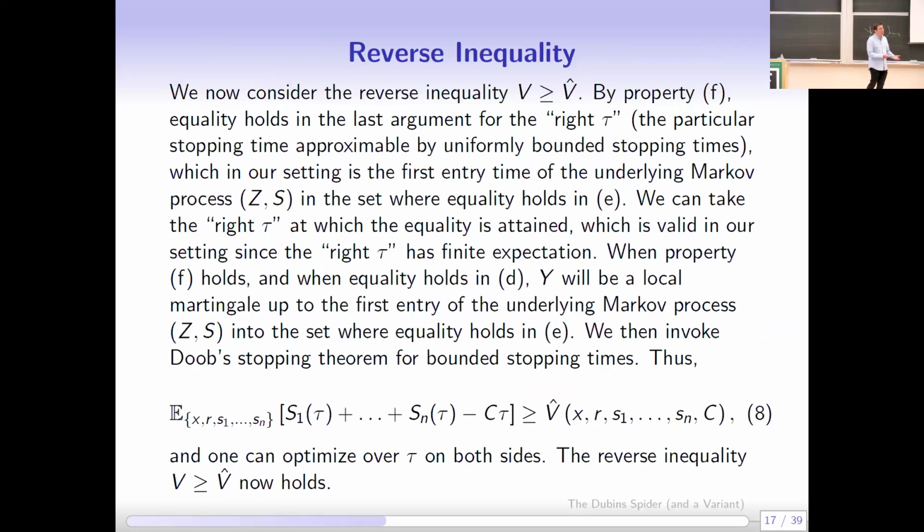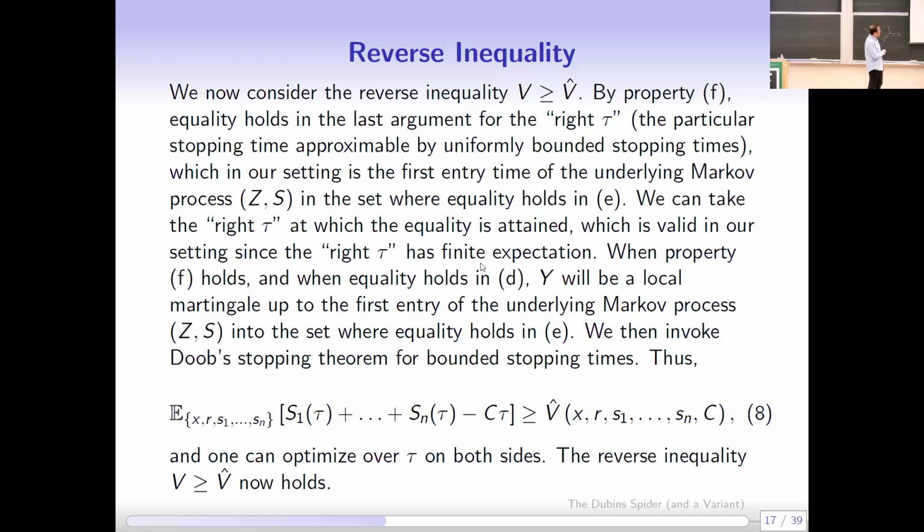To prove it in the other direction, you know that by the last property, F, when the supermartingale becomes a martingale in the continuation set, it will hold for the right tau, which is the particular stopping time that's approximated by uniformly bounded stopping times. In our setting, it exists.